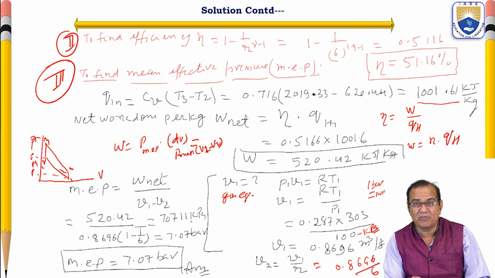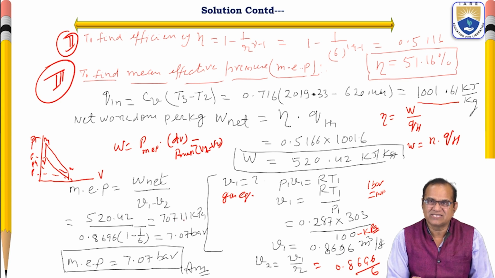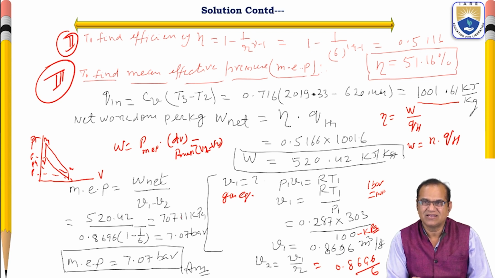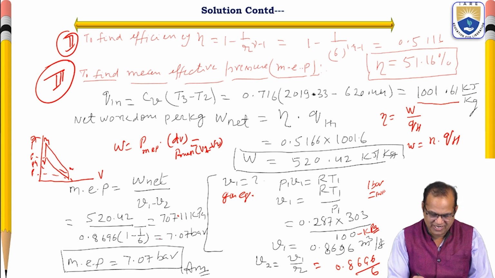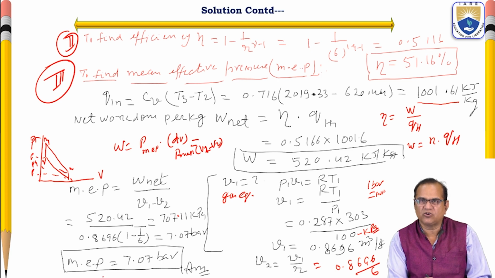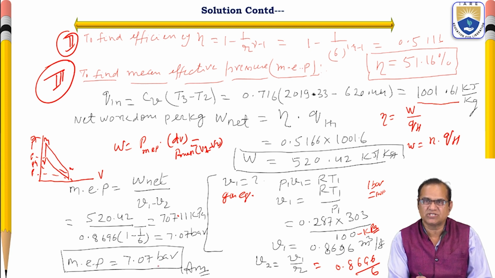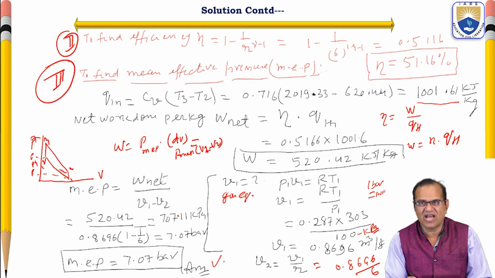Here we got the kilopascal, and dividing by 100, you will get 7.07 bar. So the mean effective pressure is 7.07 bar. This is our final answer.